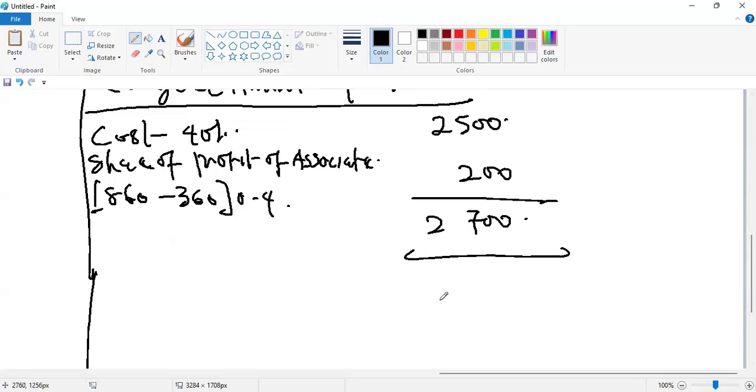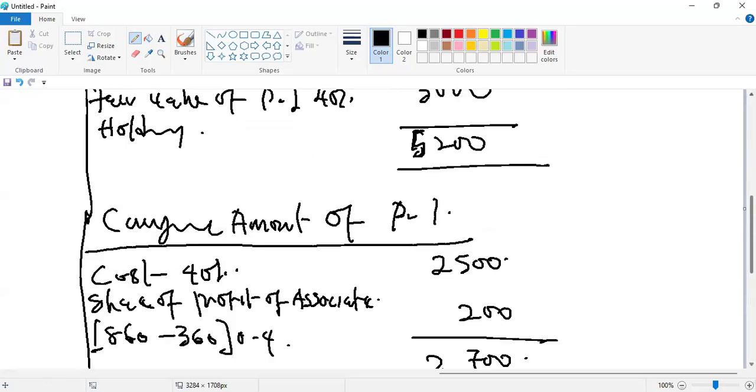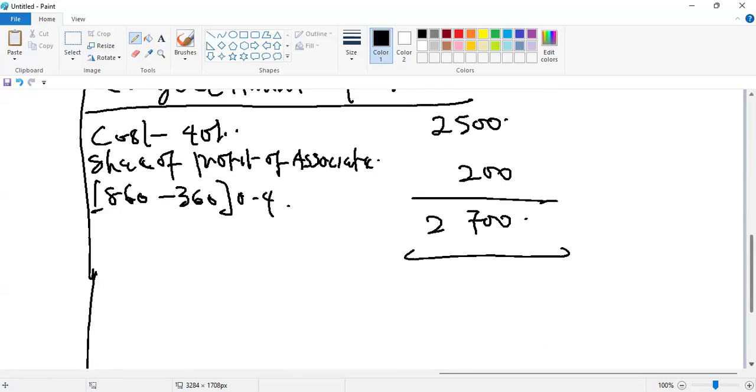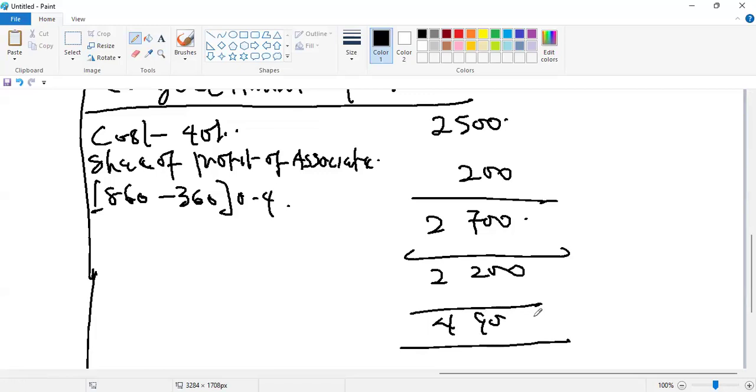He now bought an additional 30% at a cost of 2,200. If he had recorded the gain, the investment would have been 4,900. So the 200 gain has not been recorded.